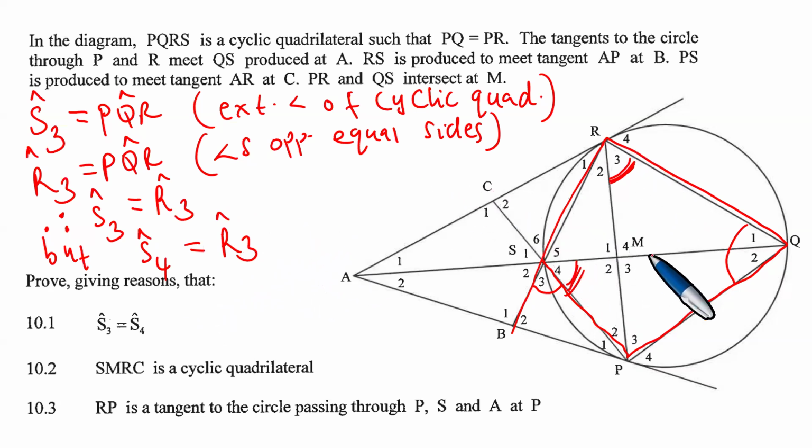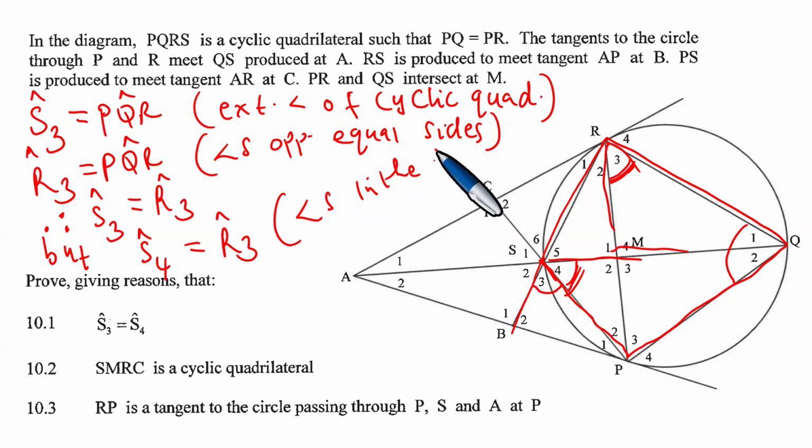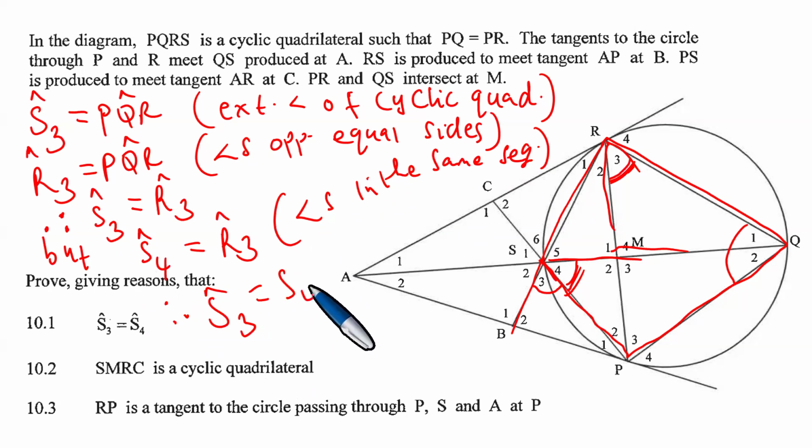These are angles in the same segment. Angles in the same segment. What then is the conclusion? The conclusion is that angle S3 is therefore equal to the angle S4.